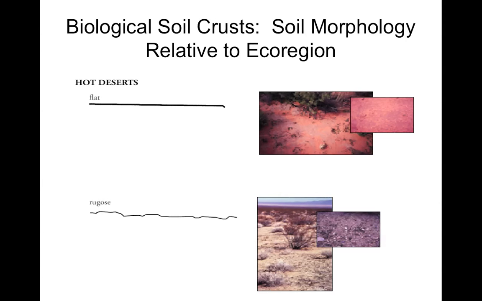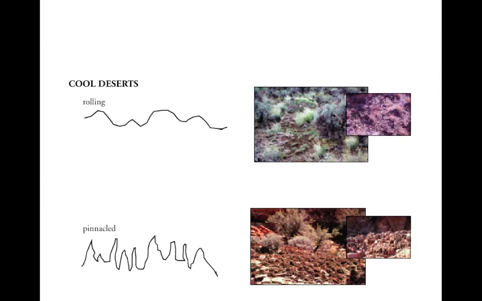That's very often not just soil structure, but a soil crust that's resulted from some biological activity. You can also have rugose soil crusts with a little bit of microtopography. And in cool deserts, you can have rolling, quite large microtopography, or pinnacled, where they actually start to grow vertically up, probably because they're competing for sunlight and are rather energy limited.